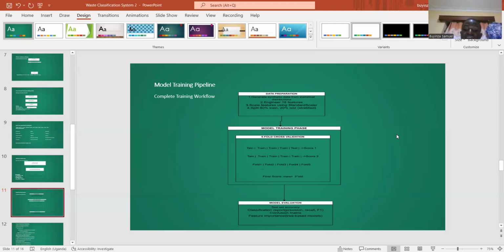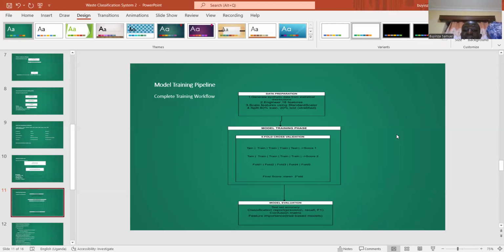So when we get to the model evaluation, according to the training workflow, we look at the test set accuracy, then the classification report, that is mainly looking at the precision, the recall, then the F1. Then we also have the confusion matrix that is put into consideration for the model evaluation.